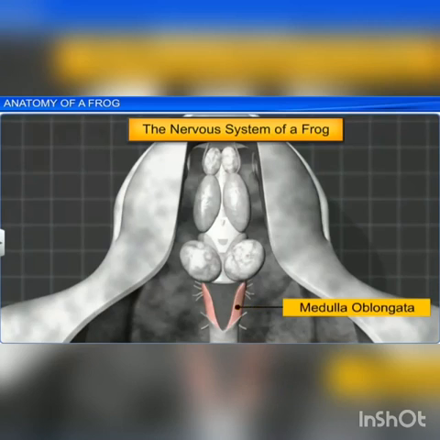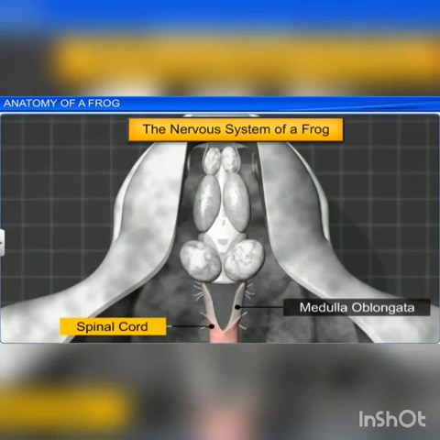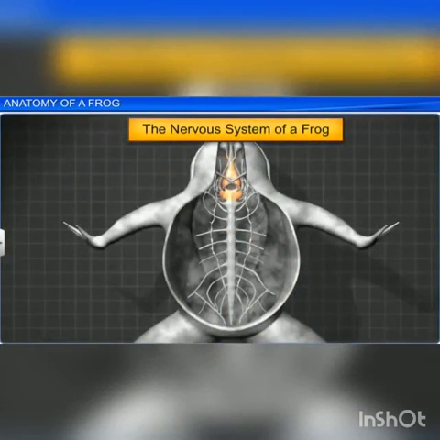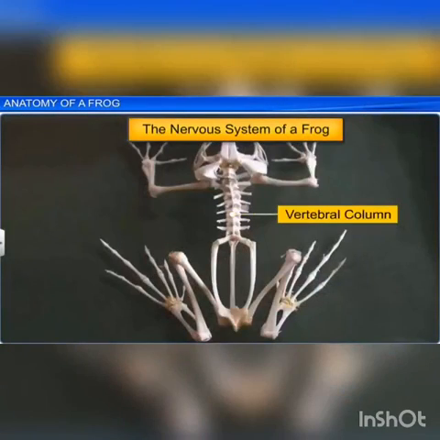Cerebellum is a narrow, thin, transverse band followed by medulla oblongata. The medulla oblongata passes through the foramen magnum and continues as spinal cord. What is foramen magnum? Foramen magnum is an opening found at the base of the skull. This spinal cord is enclosed in the vertebral column.